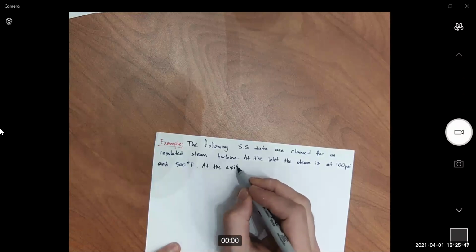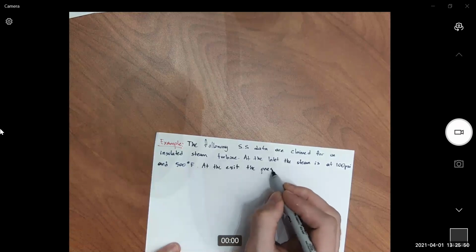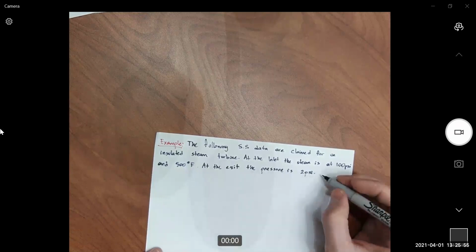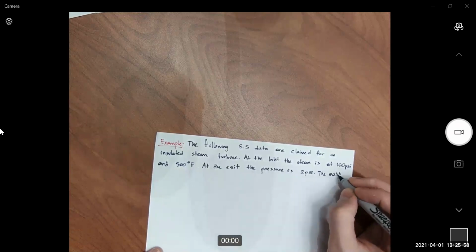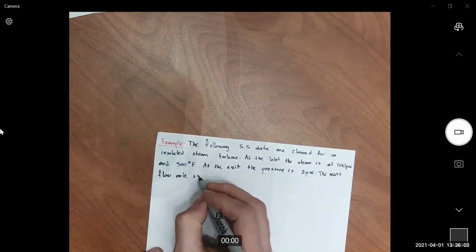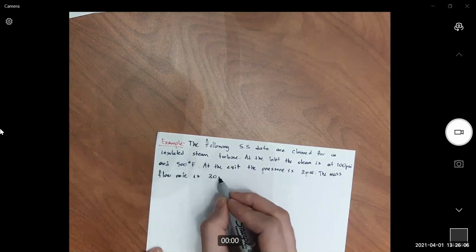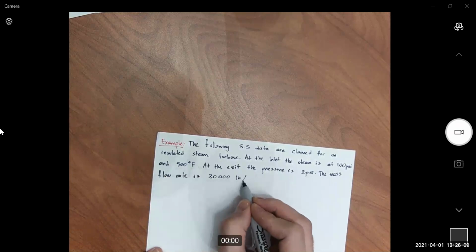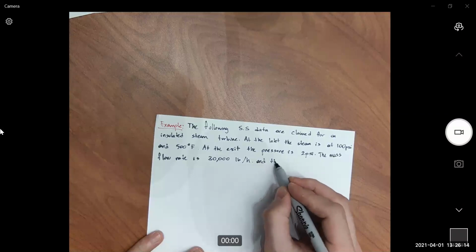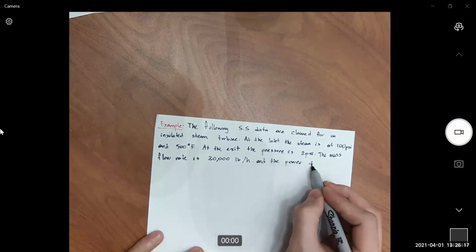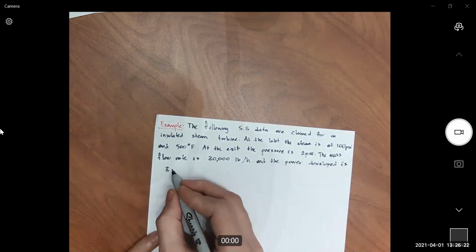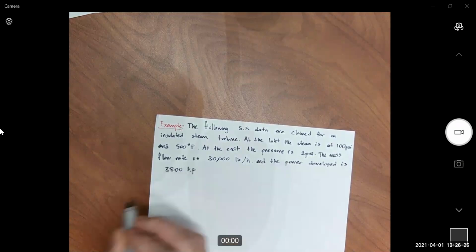At the exit, the pressure is 2 psi. The mass flow rate is 30,000 pounds per hour, and the power developed is 3,800 horsepower.